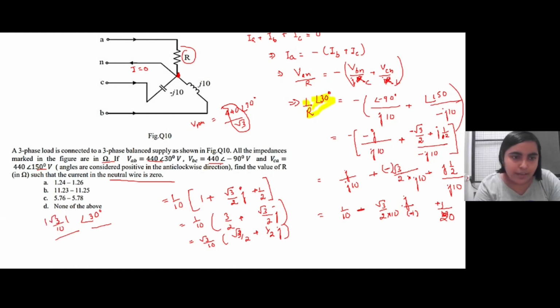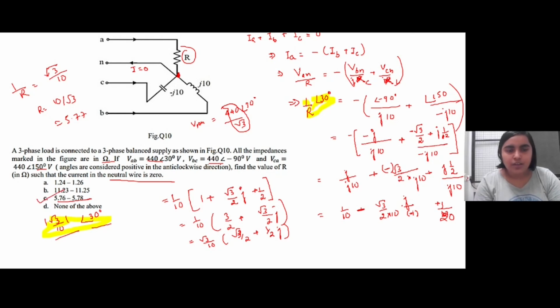So when we compare this, we find that 1 by R is root 3 by 10. So R is equal to 10 by root 3, which comes out to be 5.77, which falls in the range of option C. So option C is the correct answer.